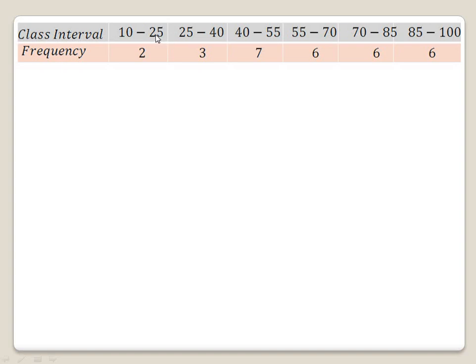Here the upper limit is 25 and the next lower limit is 25, therefore the groups are continuous. Again the upper limit is 40 and in the next class the lower limit is 40. Therefore in the given example the groups are continuous, so the given data is a grouped frequency distribution in which groups are continuous.